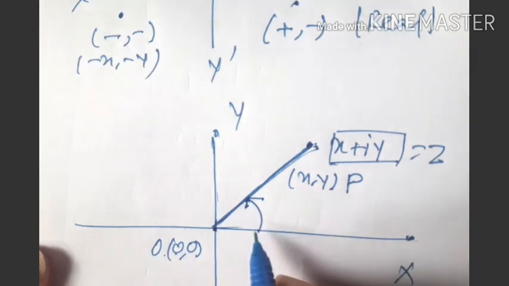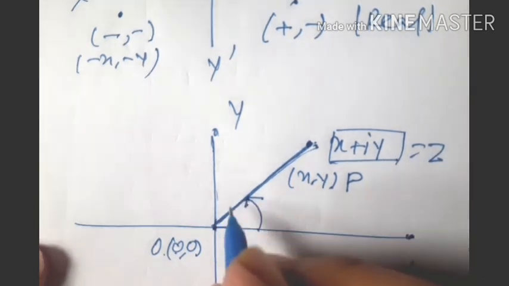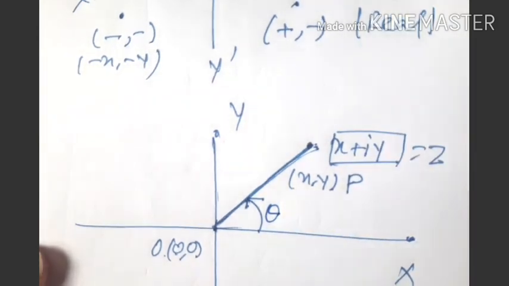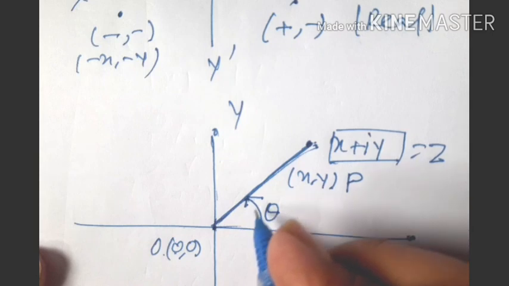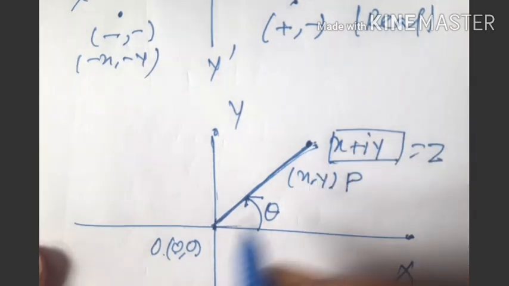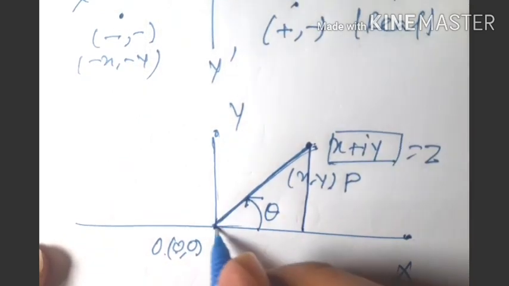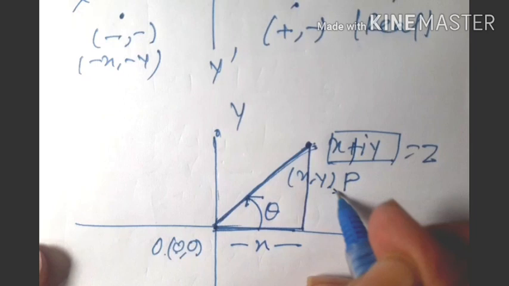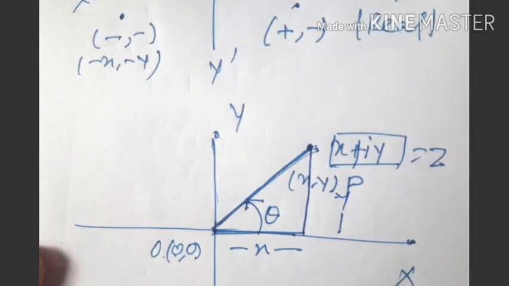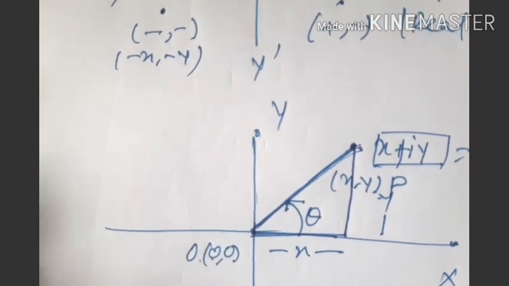Angle is always positive in the anti-clockwise direction, so that's why we have taken the anti-clockwise direction. Suppose we denote it as theta. This theta is called the argument of the particular complex number. And if you join this, this is x actually according to this point, and this part is y actually. And this is theta, that is the argument of the complex number.